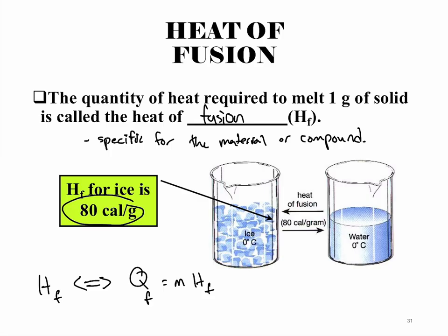So the same way the specific heat tells you how much energy is required to change 1 gram of this substance by 1 degree Celsius or Kelvin, the heat of fusion is saying how much energy is required to go from 1 gram of solid of the substance to 1 gram of liquid of the substance.